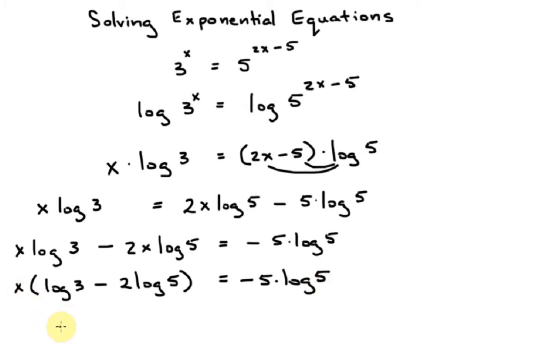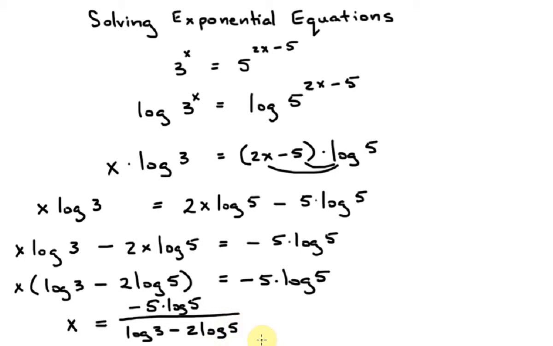To finish this up and solve for x, I am merely going to divide the stuff in the brackets into the right side. So it's a little messy looking, but you're going to have negative 5 times log 5 divided by log 3 minus 2 times log 5.